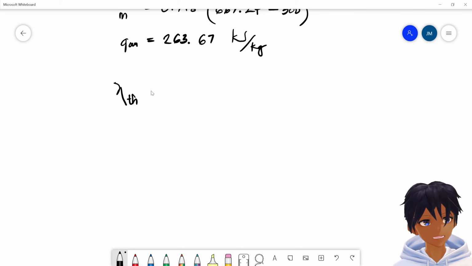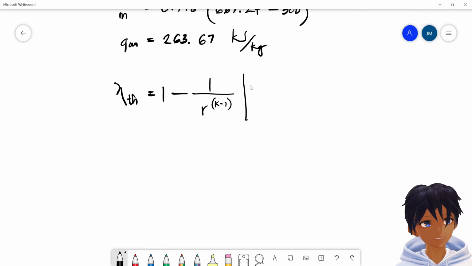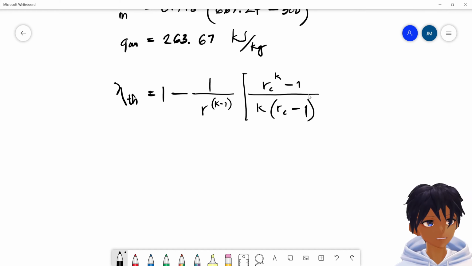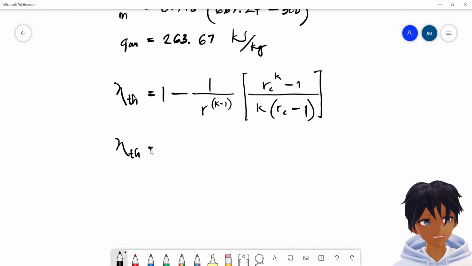Next is thermal efficiency. So this is the third question. It is 1 minus 1 over compression ratio raised to K minus 1, multiplied by K, then R sub C minus 1, over R sub C to the K minus 1. So we already have these values.